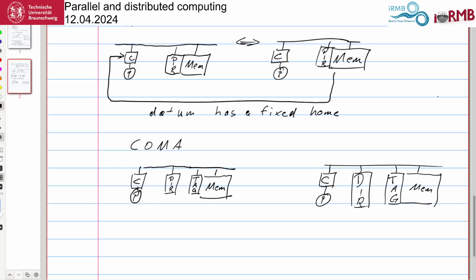When I make this transfer, I need to put in the home directory that it was transferred. So you need to know that it also came from outside. So I need to put the address of the memory in both directories.